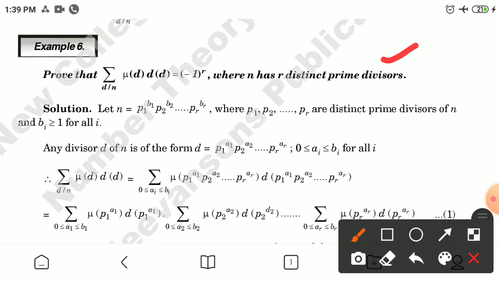Now for the solution, let n be equal to p1 raised to power b1, p2 raised to power b2, and so on, pr raised to power br, where p1, p2, up to pr are distinct prime divisors of n and bi is greater than or equal to 1 for all i. Now any divisor d of n is of the form d equal to p1 raised to power a1, p2 raised to power a2, up to pr raised to power ar, where ai is between 0 and bi for all i.